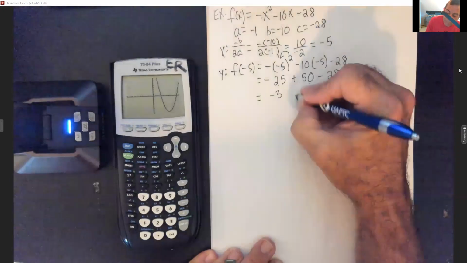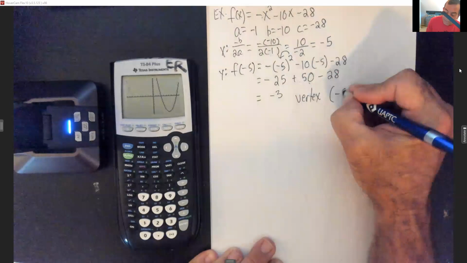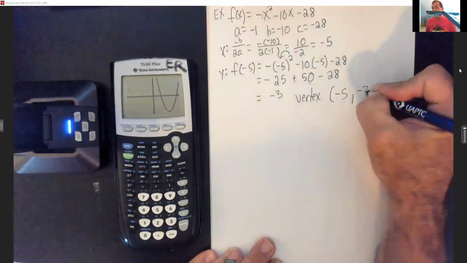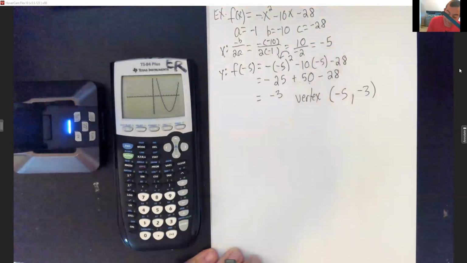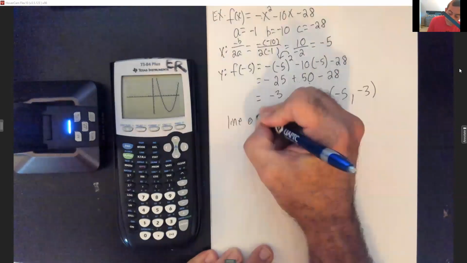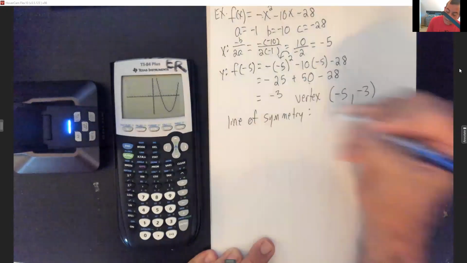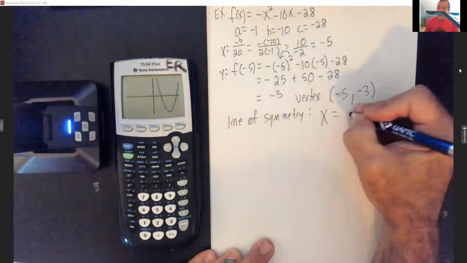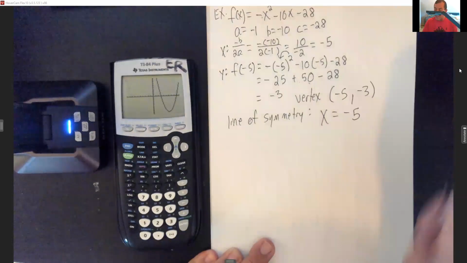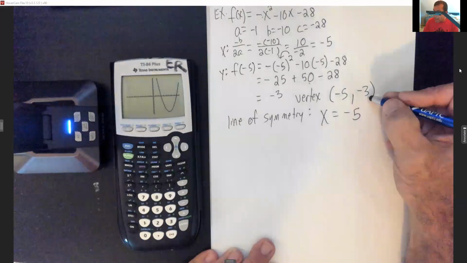So I now know my vertex is going to be (-5, -3), which means my line of symmetry, remember, it has to be an equation, is going to be x equals negative 5. So the x is always the line of symmetry. Negative 3 is my min or max value.